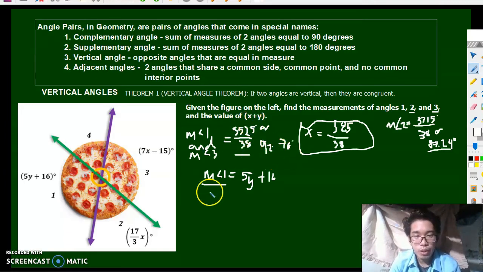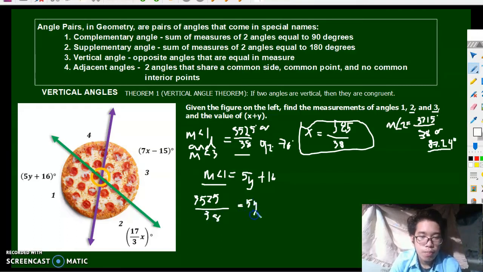So we simply substitute this fraction as the measurement of angle 1. That's 3,525 all over 38 is equal to 5y plus 16. The reason we substituted that is because we already know the measurement from the previous computation for angle 1 and angle 3.